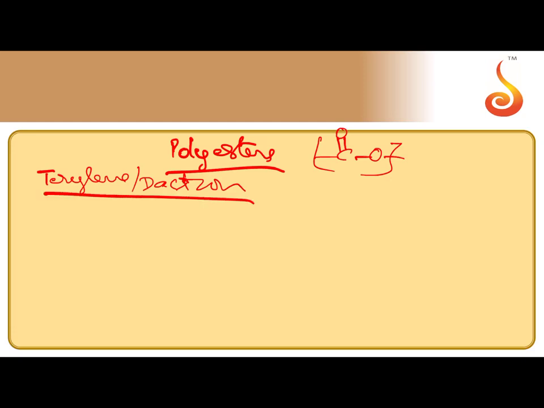This is formed by two types of monomers, ethylene glycol and terephthalic acid. This is terephthalic acid. N number you take, and ethylene glycol. This is ethylene glycol. So each one is having two functional groups.